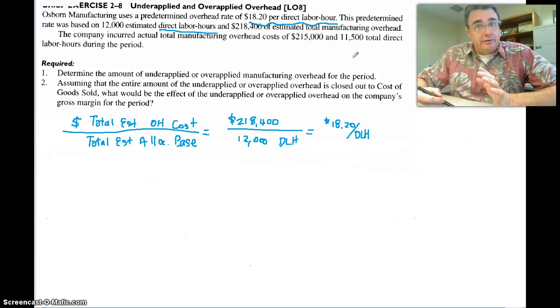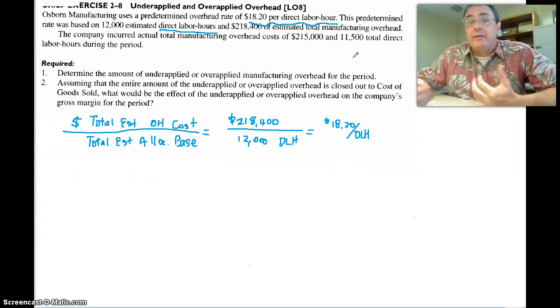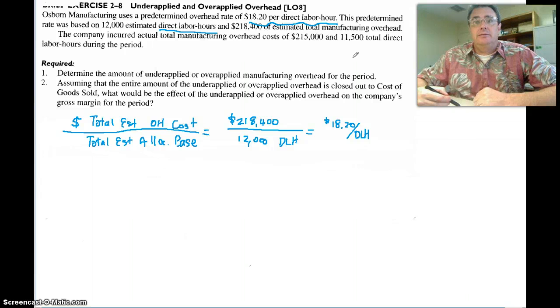You realize that the predetermined overhead rate is calculated at the beginning of the year before we've done any work. We don't have any actual data at the point we're computing the predetermined overhead rate. The actual data comes to us later in the year.